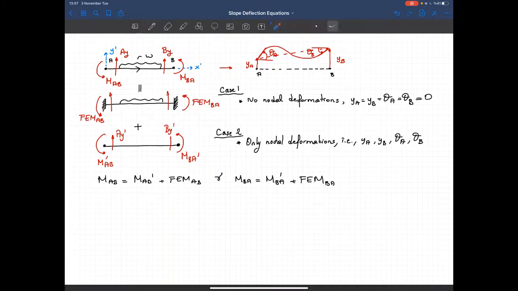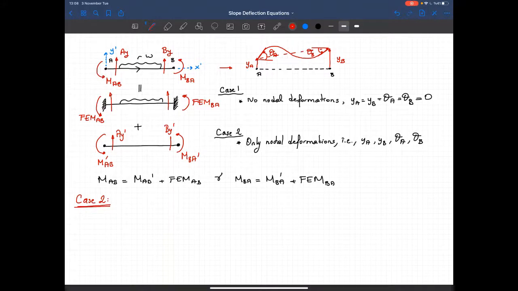My aim here is to figure out what MAB prime and fixed end moment AB are, and likewise MBA prime and fixed end moment BA. So I will start working on case 2 now.